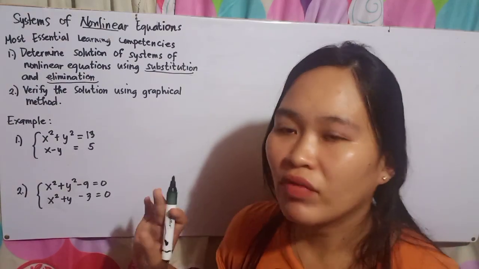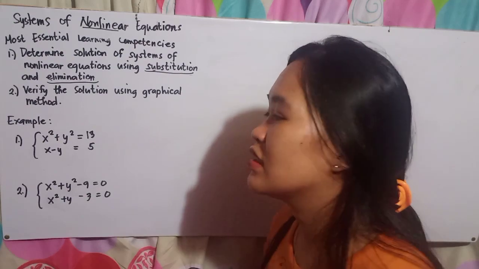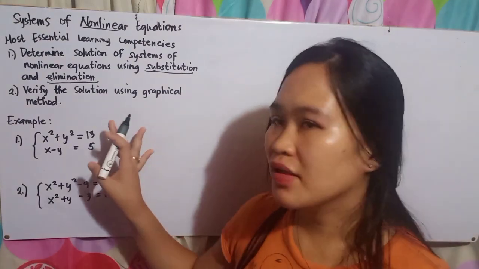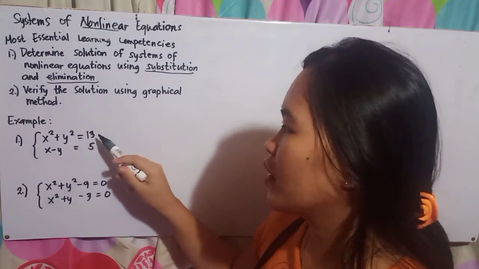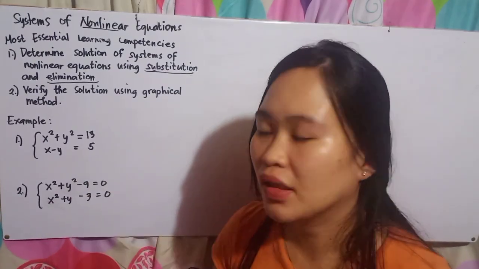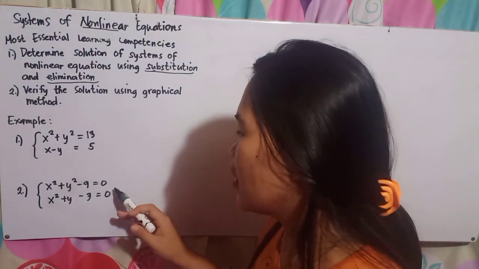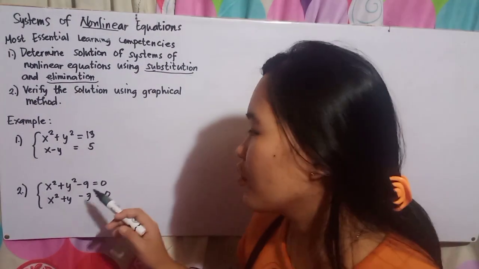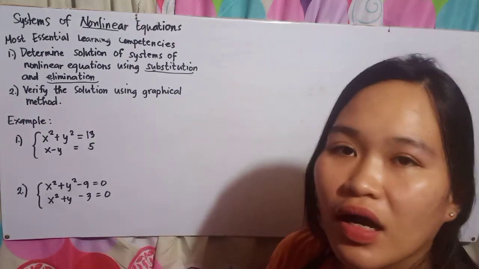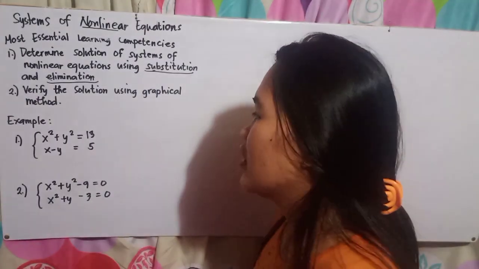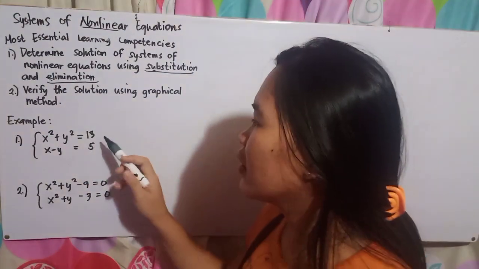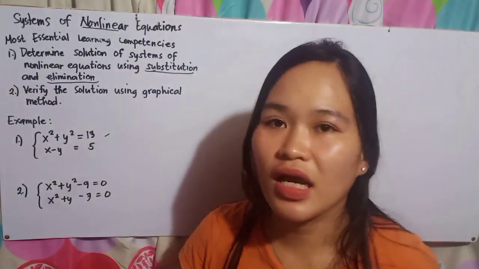So, I have listed 2 examples. In the first example, the given is a quadratic and a linear. In the second example, the given is a linear and quadratic, and it is quadratic because of the highest exponent. In example number 1, the given quadratic is a circle.